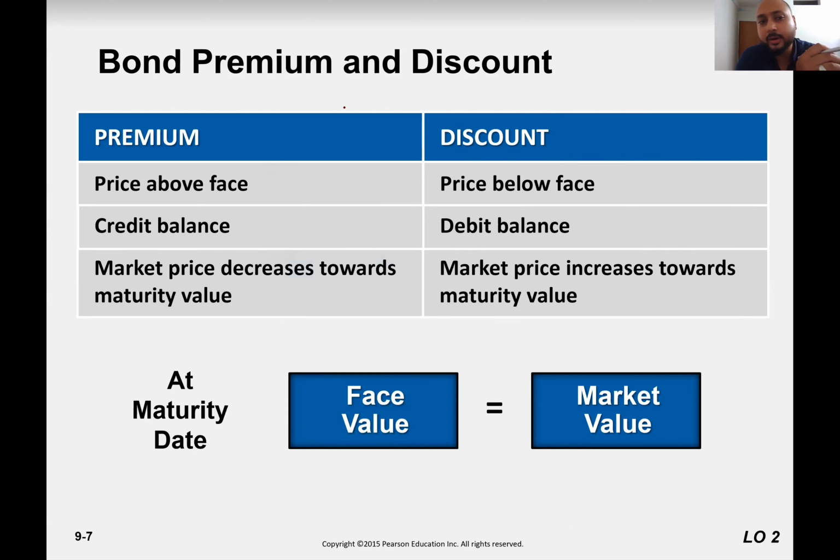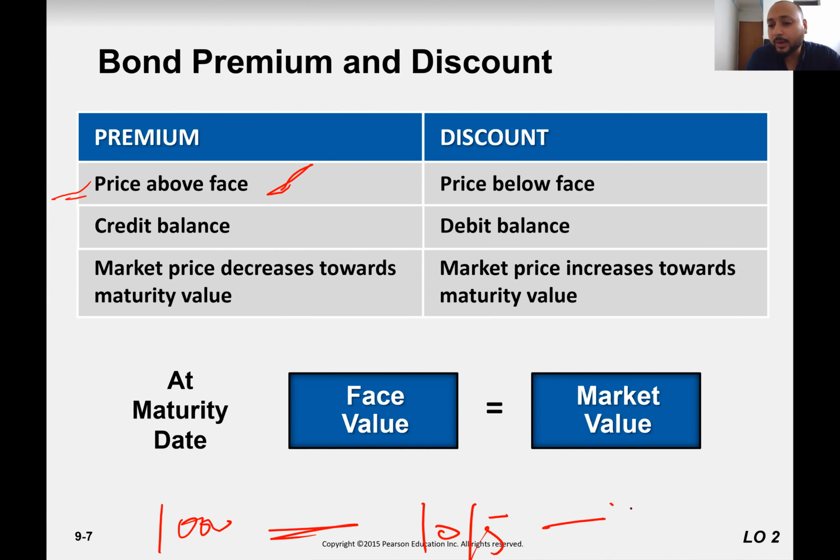Okay, we have just learned from our previous slide that if the price is above its face value, which in our case is 1000, it is selling at a premium. Selling at a premium means the value is now 1015. So this extra 15 that the company receives is like a reserve, right?